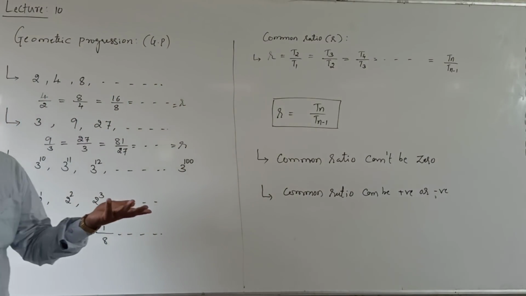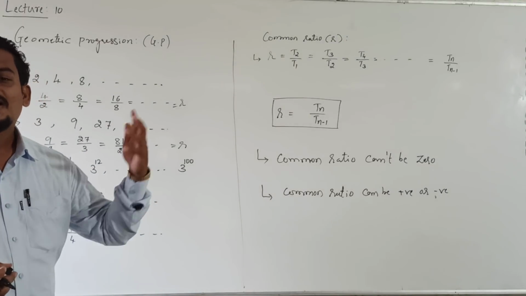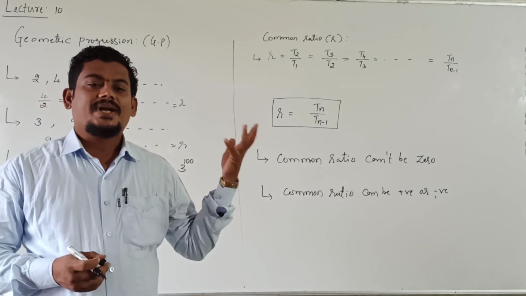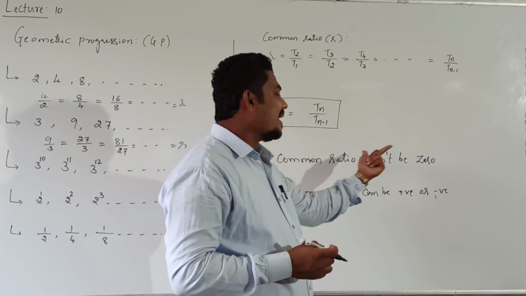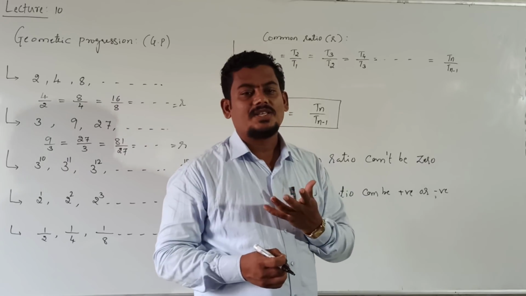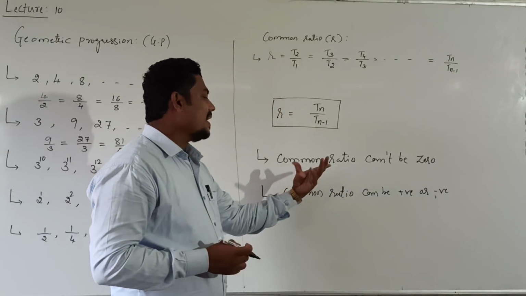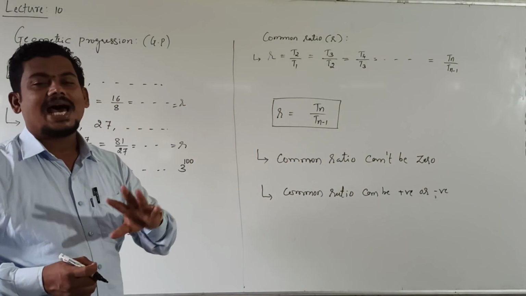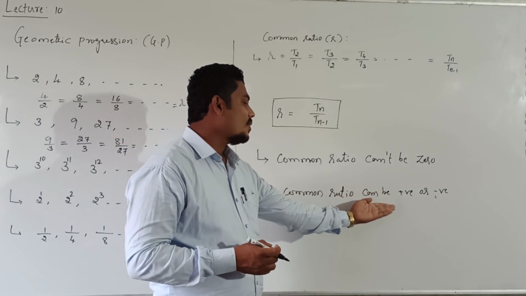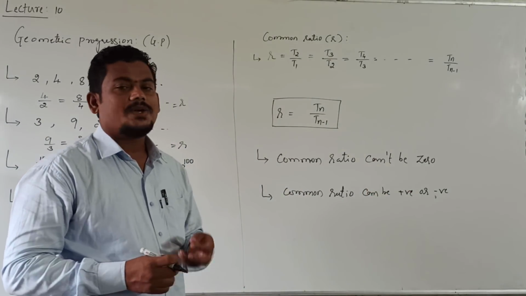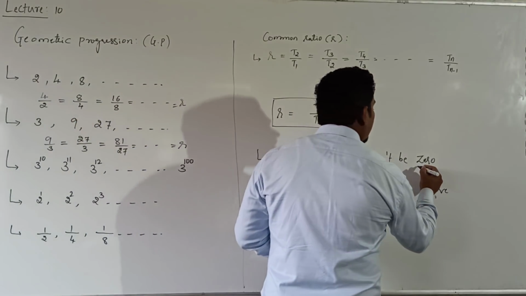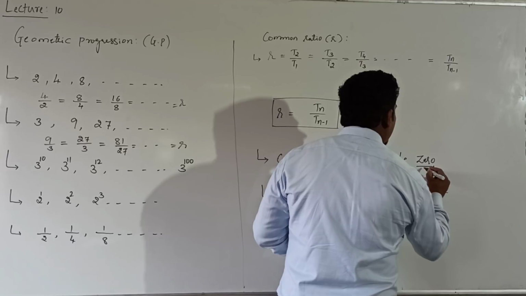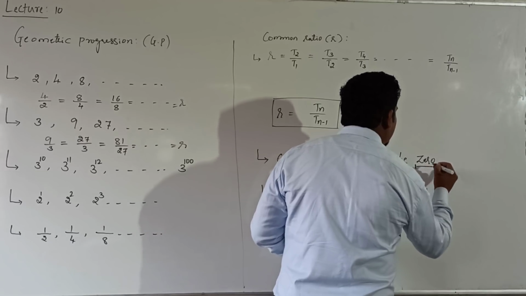Sometimes it is negative, sometimes it is positive, depending on the different numbers in the GP. But the common ratio cannot be 0. It can be positive or negative, but it is not equal to 0. The common ratio of any GP should not be 0.